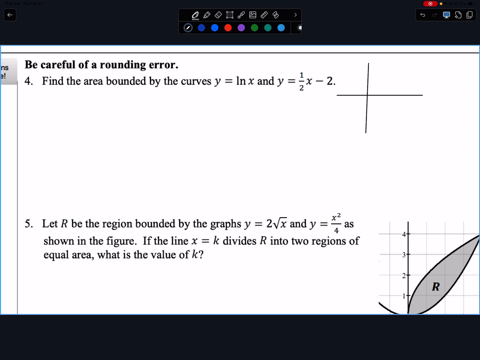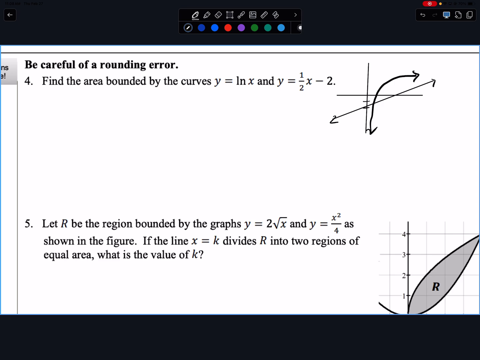A log graph looks something like that. What type of function is this? Linear. So this is a line with a slope of 1/2 and a y-intercept of -2. So you guys agree it looks something like that, right?